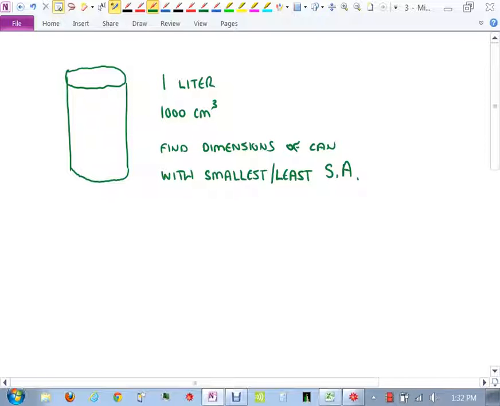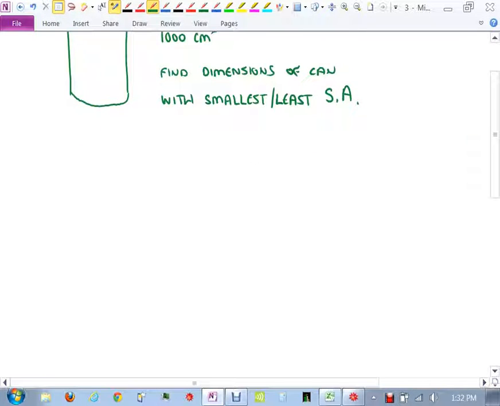What I want is the one that I have to order the least amount of aluminum for. Imagine a can that looked like a test tube, maybe 1 millimeter wide and very tall and held 1 liter. I would use a lot of aluminum to make that.